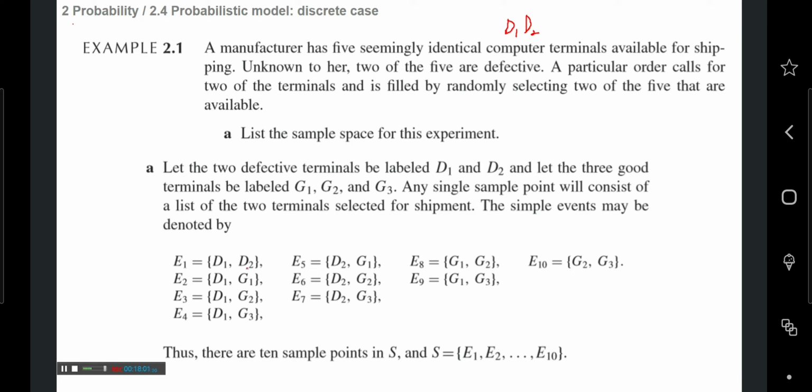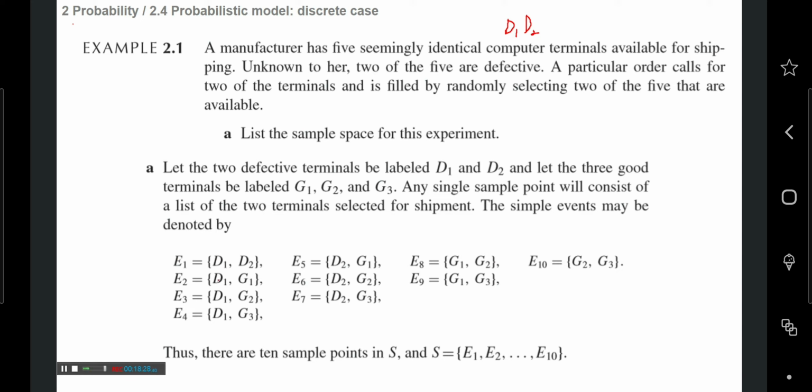The experiment is selecting 2 computer terminals, so E1 can be selecting D1, D2.